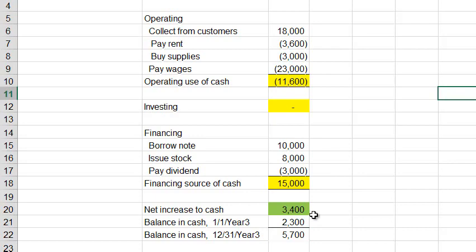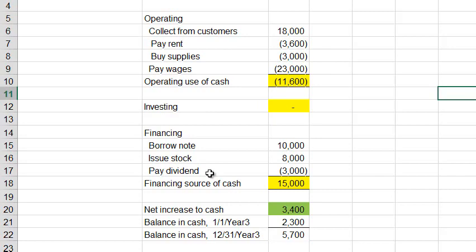So what's really critical to preparing a statement of cash flows is just understanding the definitions of what's an operating cash flow, an investing cash flow, and a financing cash flow. And please note that the definitions of operating, investing, and financing that we'll be talking about in a few minutes, those definitions are particular to creating a statement of cash flows.